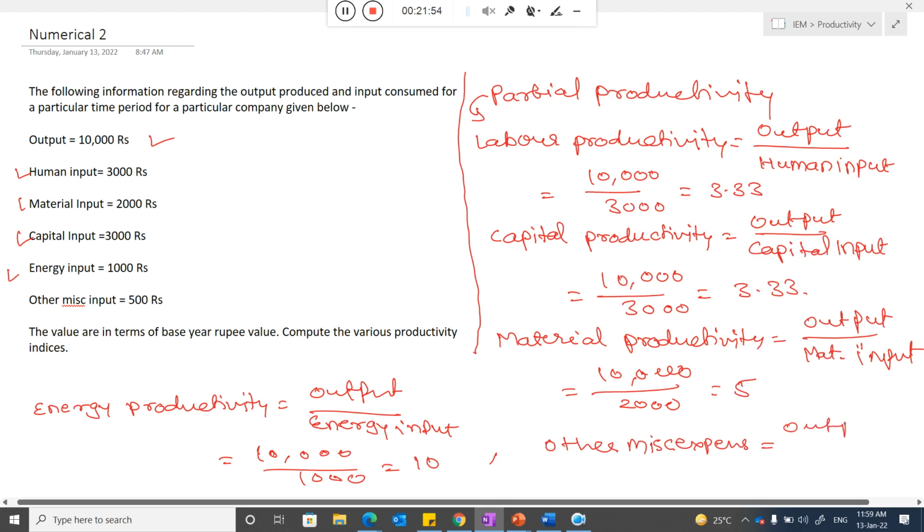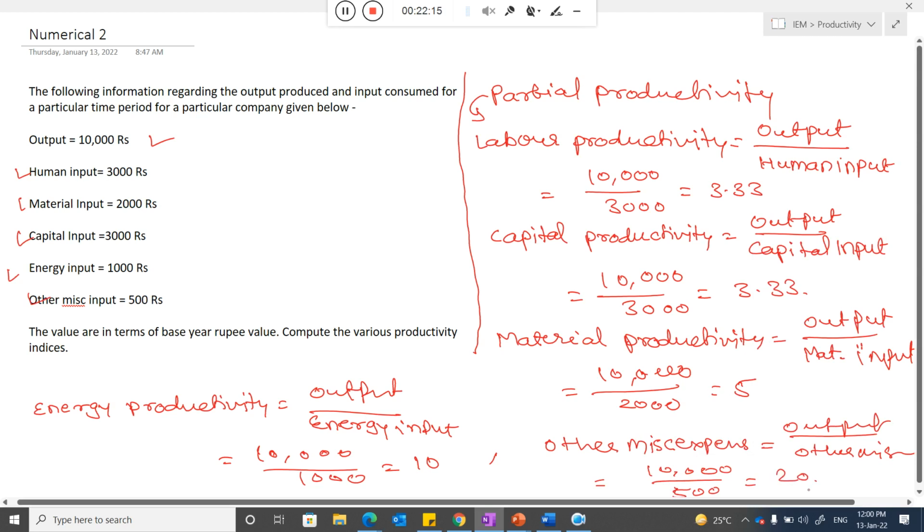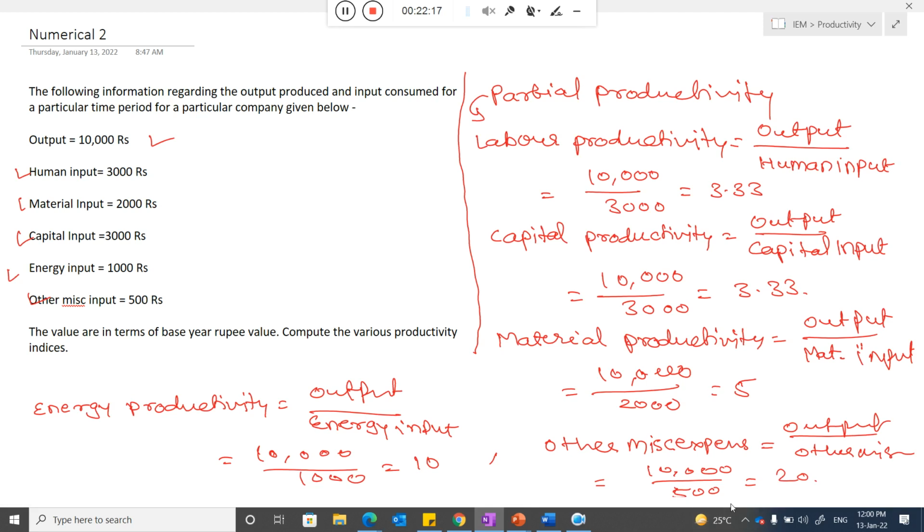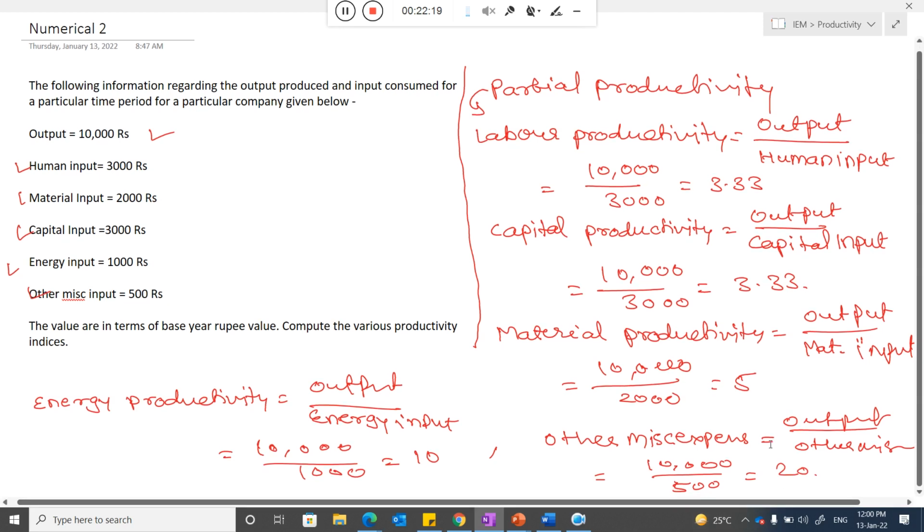So what is the output and other miscellaneous expenses? Here 10,000 divided by 500. So what will be the answer? 20. So that is nothing but the partial productivity, or you can say the productivity indices.